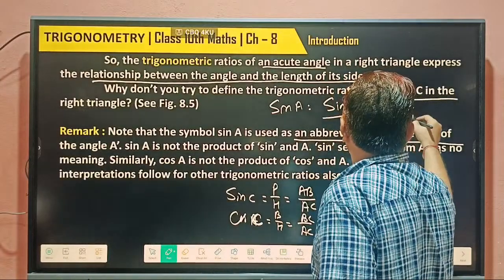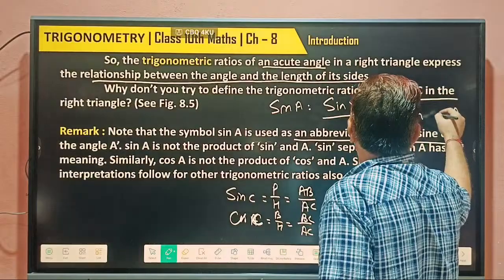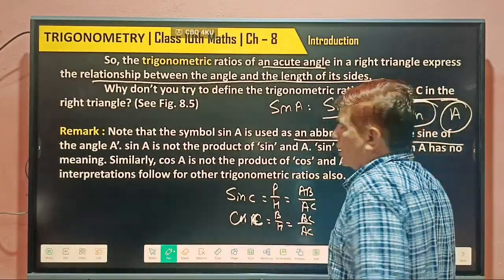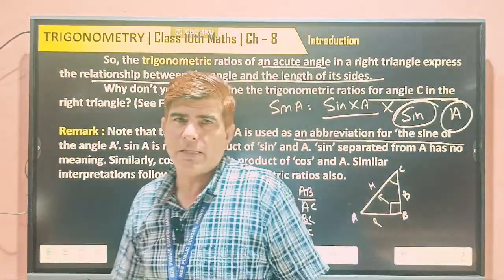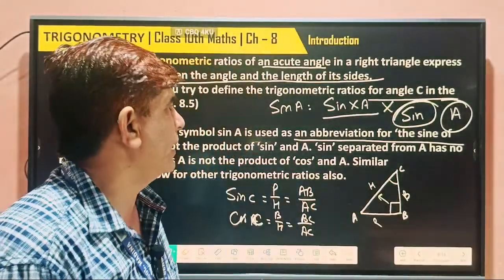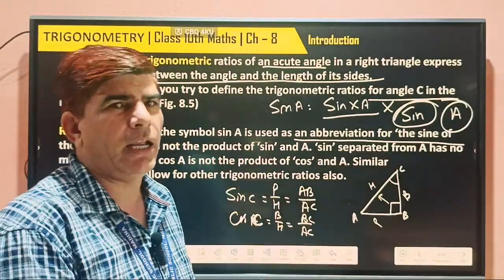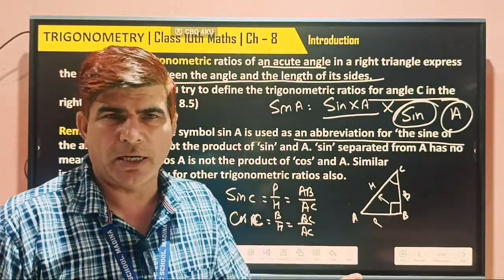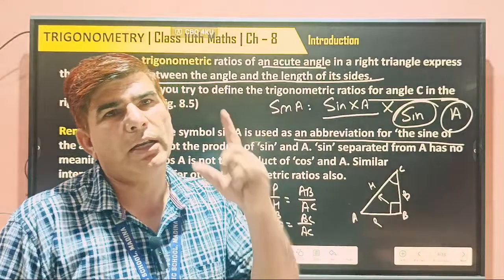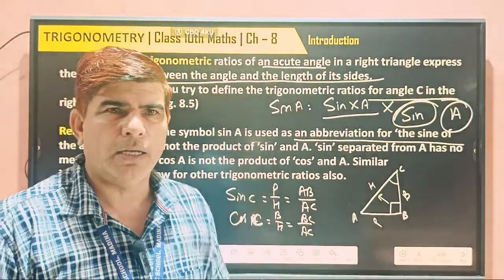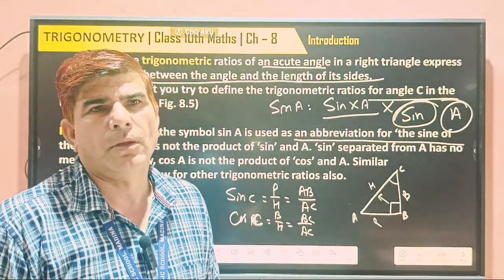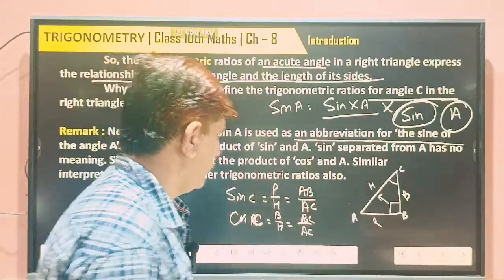And separately we can write sine or we can write A, but there is no meaning to it, except that this is an alphabet and this is sine. Understood? If we write sine A, it means there is a triangle, in that triangle one angle is a right angle and one angle is A. Then we can find out sine of A.